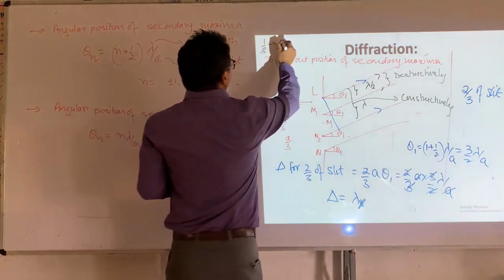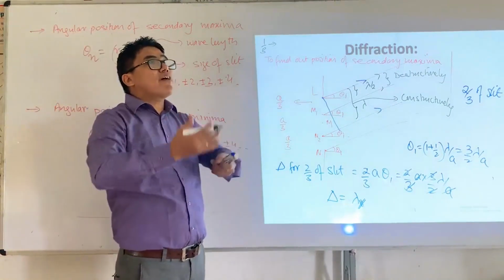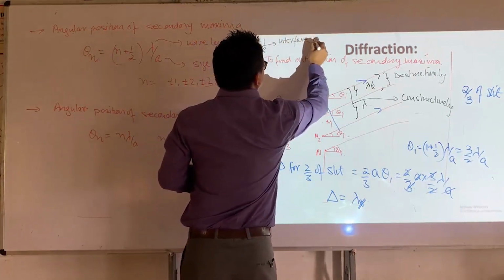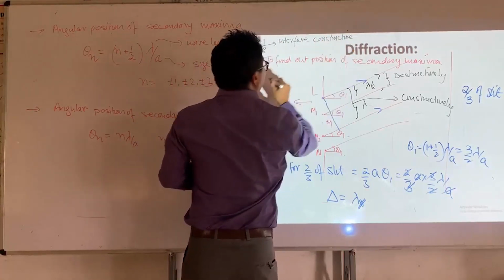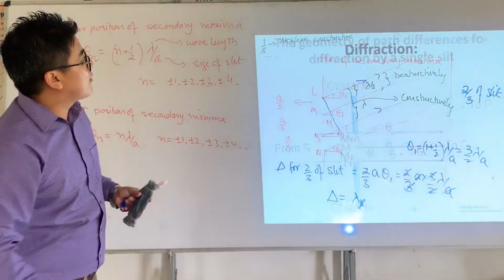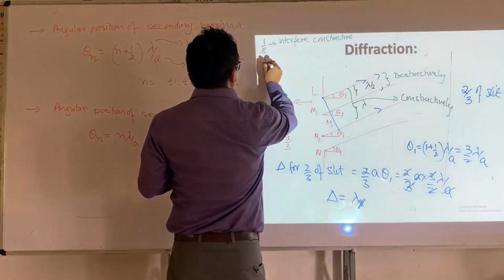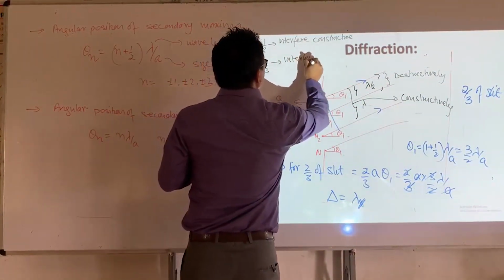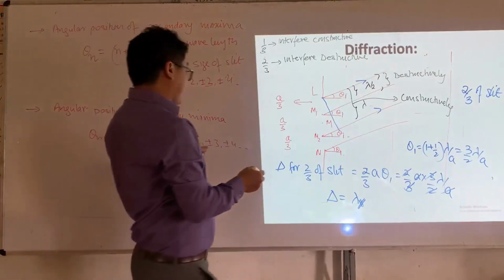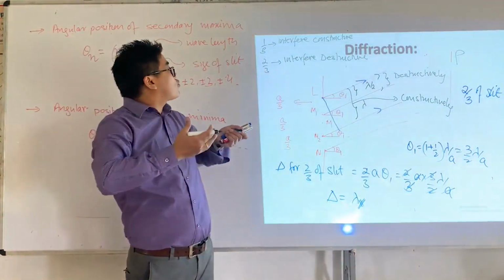So look here: out of the entire slit, 1/3 interferes constructively and 2/3 interferes destructively. Therefore, at this point P, you will be getting 1/3 constructively and 2/3 destructively.